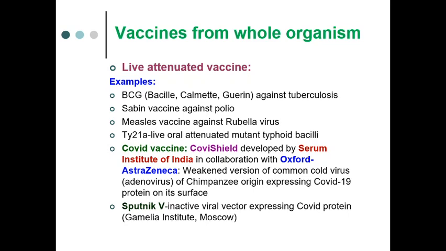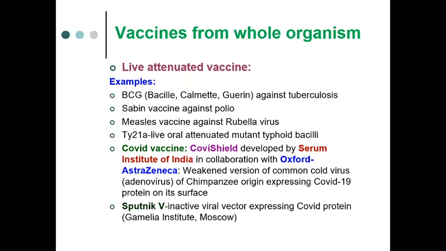Instead, it is a strong antigenic domain of the coronavirus, a protein on the surface of the coronavirus, which is cloned in the common cold virus, that is adenovirus of chimpanzee, and that protein is expressed as a strong antigen, hence it acts as a vaccine.